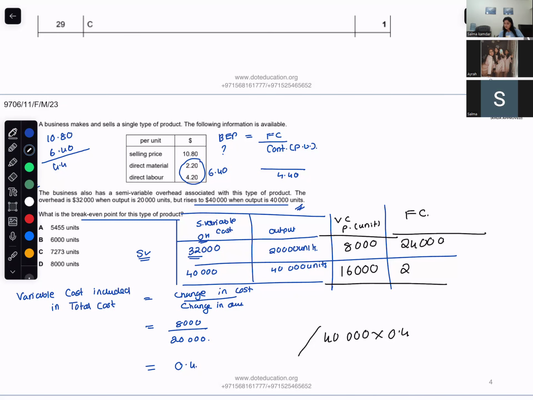Fixed cost is 24,000. Now the break-even point for this type of unit.